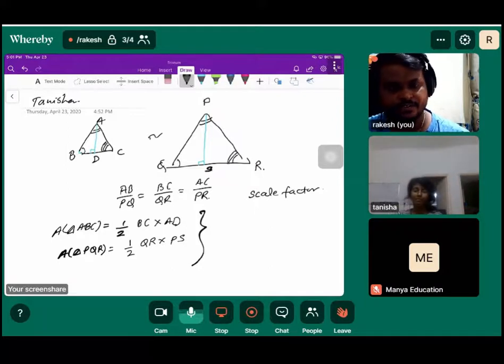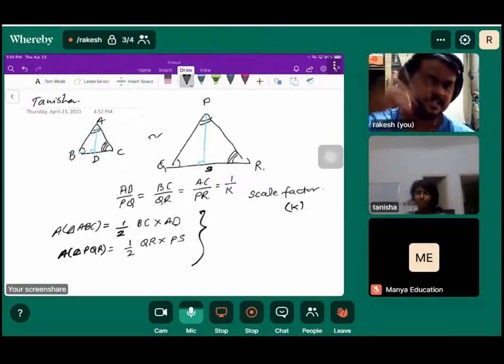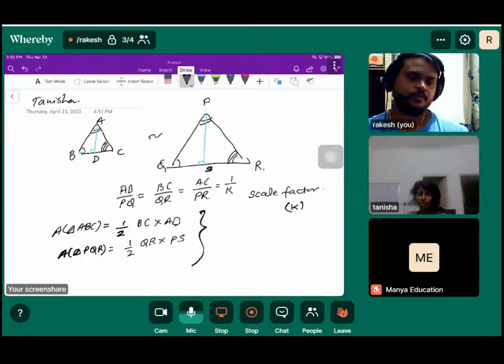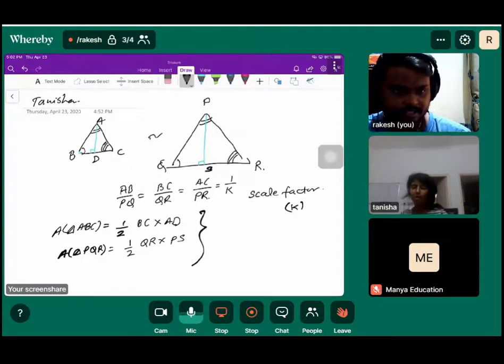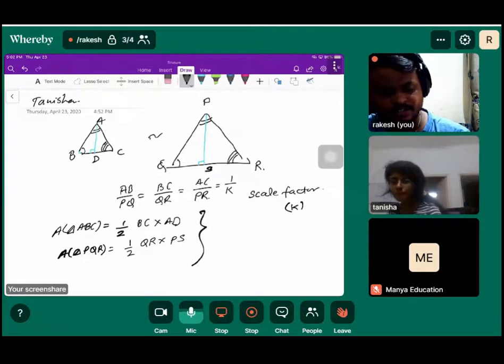So if I give you scale factor as k, it means the ratio of their sides is k basically. Whichever side is greater, we can make it 1 by k, because we have taken AC upon PR, where PR is the bigger one than AC. So basically, what is scale factor?